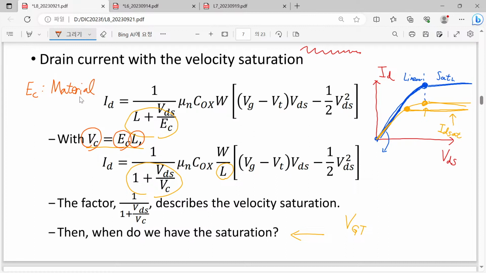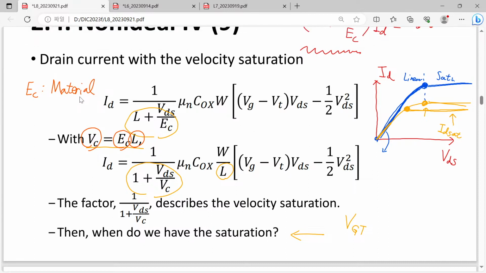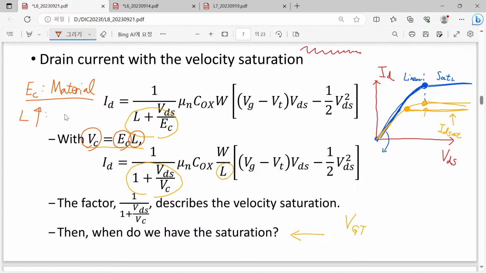When you have silicon's conduction band or valence band, that is given. But when you have a really long channel device, what will happen? For a long channel device, you will have a very high critical field.